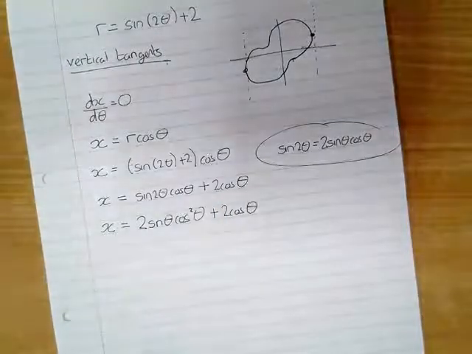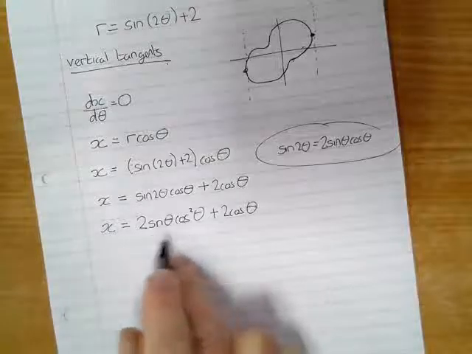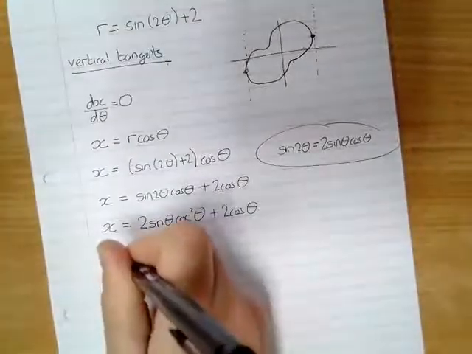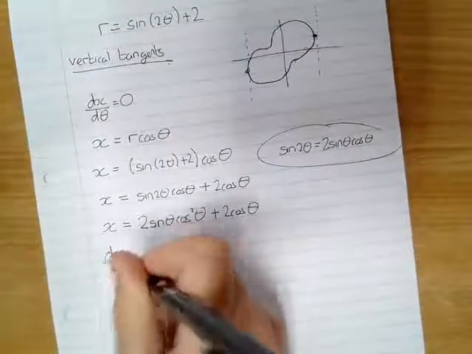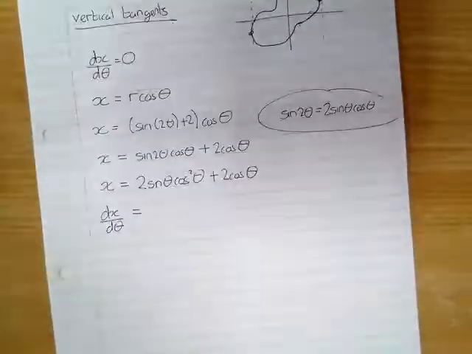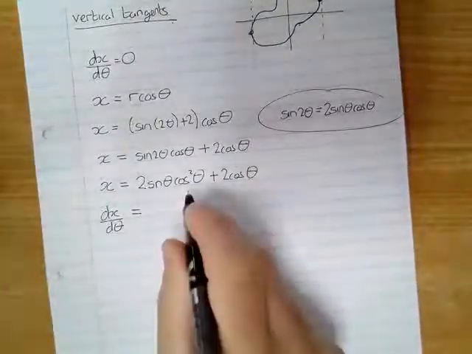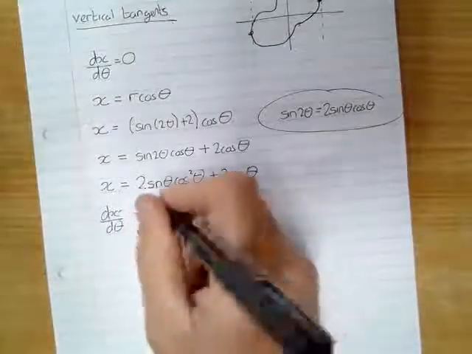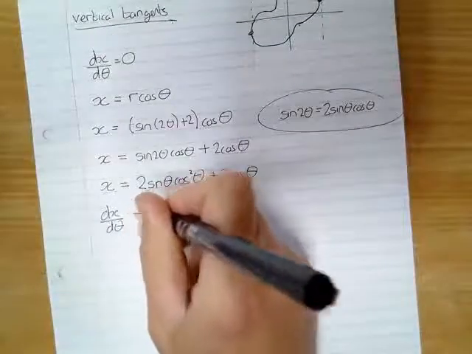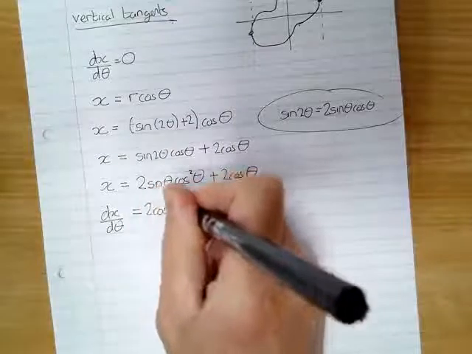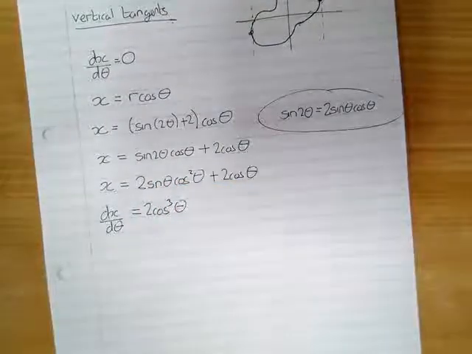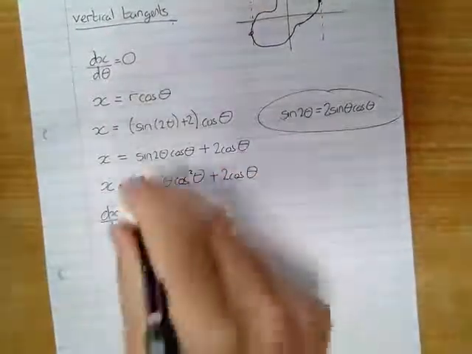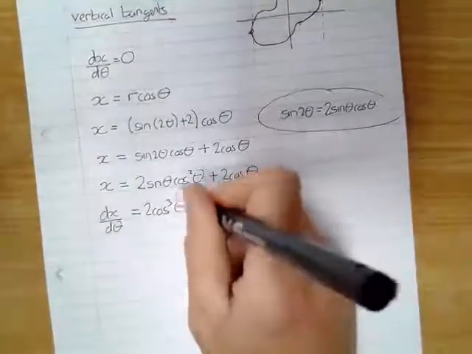Okay, right, I'm now going to differentiate this. So dx d theta is equal to, okay, so this is product rule, so I need to differentiate the sine theta and leave the cos theta alone. If I do that, that's going to turn into cos theta, so it's going to be 2 cos cubed theta. And now I need to differentiate the cos squared theta and leave the sine theta alone.